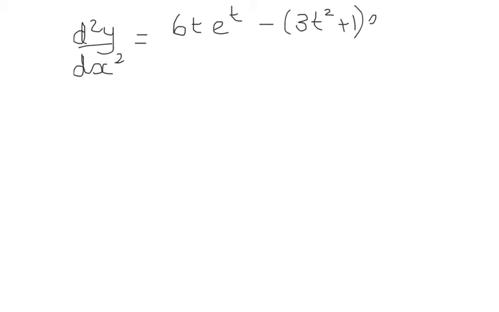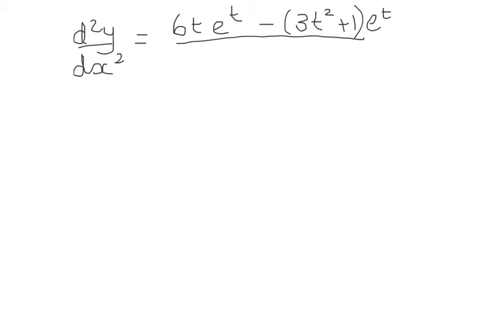Second derivative. We had 6t e to the t, subtract 3t squared, add 1, multiplied by e to the t.